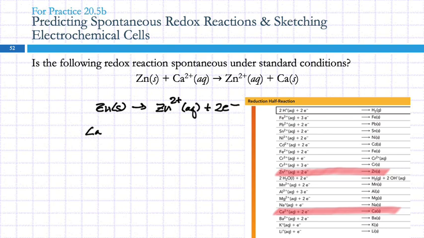And we have calcium ion plus 2 electrons going to calcium. So this one matches that. This one is reversed.